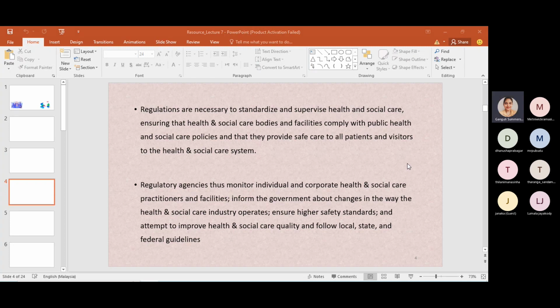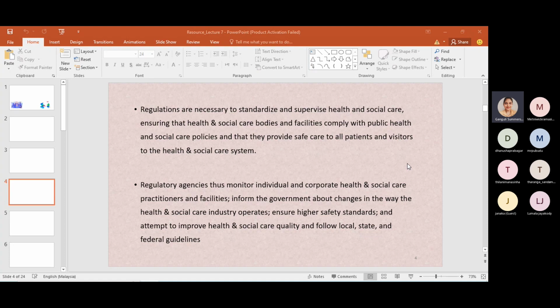Okay, so regulation is necessary. Regulation is needed to supervise the health and social care sector and ensure that the service users get a proper service from the health and social care service providers.